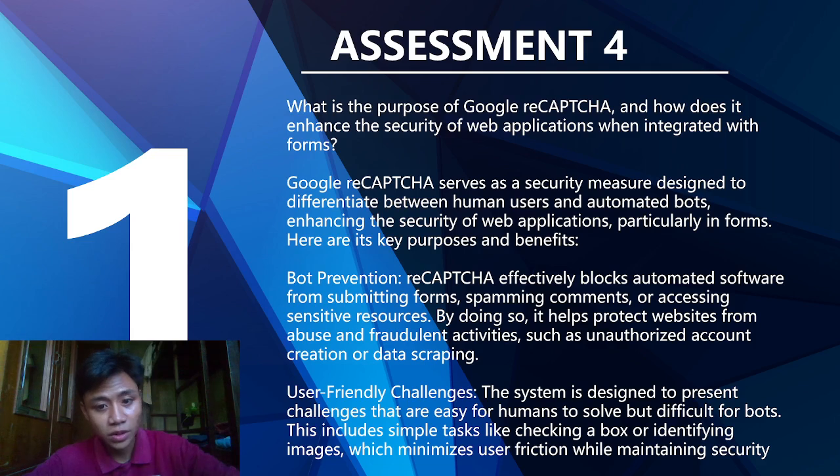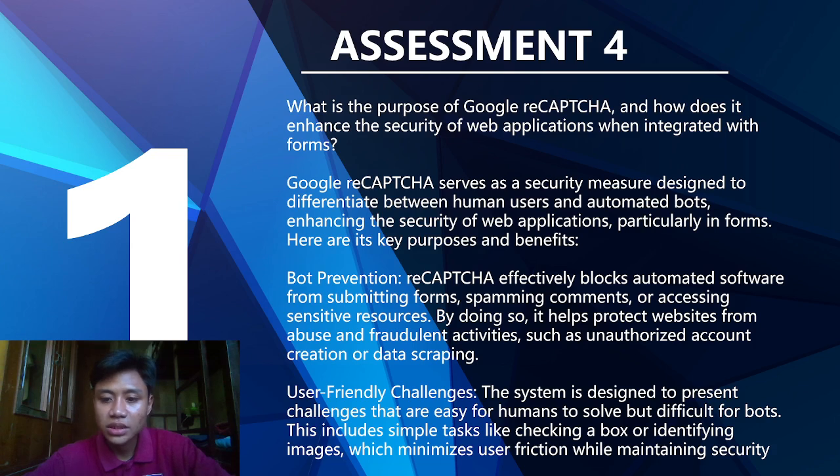First, bot prevention. reCAPTCHA effectively blocks automated software from submitting forms, spamming comments, or accessing sensitive resources. By doing so, it helps protect websites from abuse and fraudulent activities such as unauthorized account creation or data scraping. Second, user-friendly challenges.